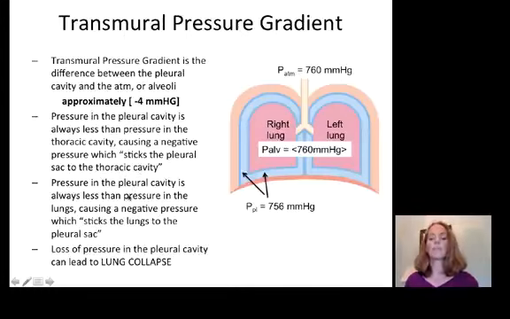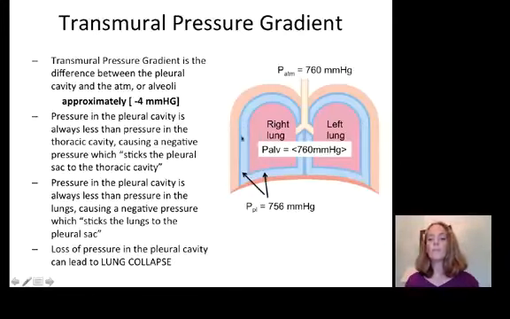So the pressure in the pleural cavity is always less than the pressure in the lungs, causing a negative pressure sticking the lungs to the chest cavity. This is called the transmural, so across the walls, the transmural pressure gradient. This is absolutely vital to the function of the lungs and to allow ventilation to happen.